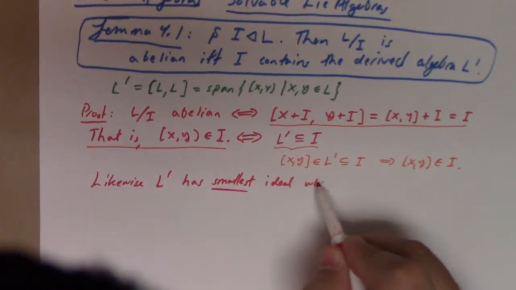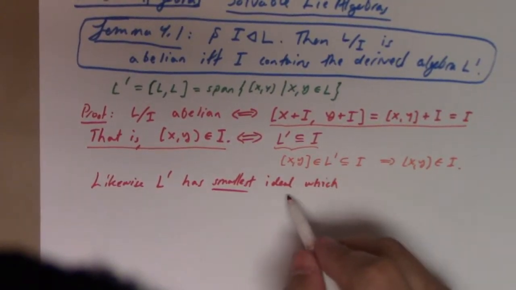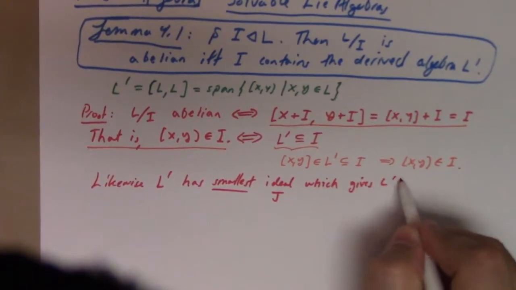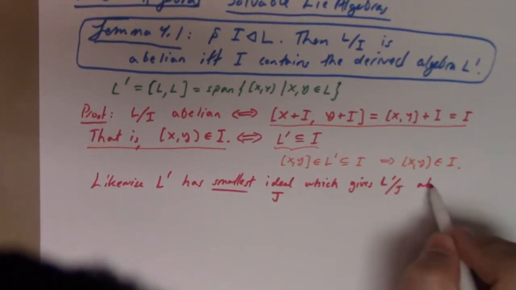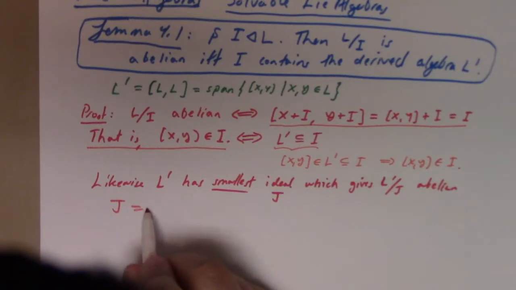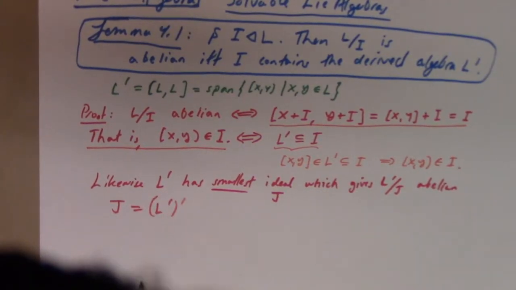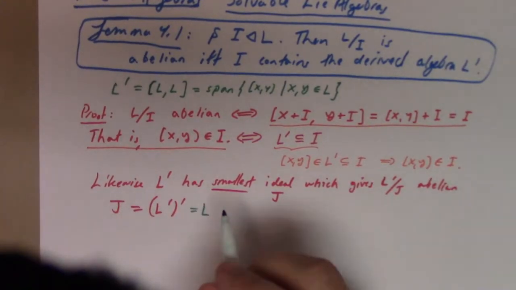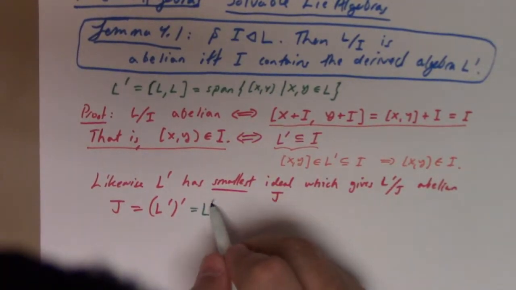Let's call that ideal J for a second, which gives L prime mod J abelian, all right? His point is that the same argument we just went through says J is basically L prime. And so a pretty good notation for that obviously is L2, and we use parentheses too, right?